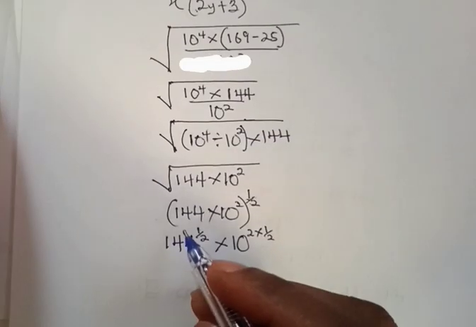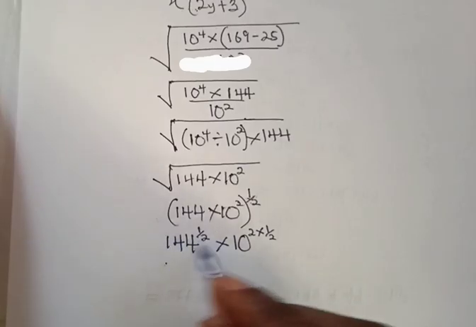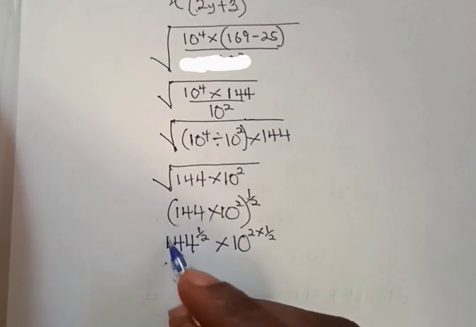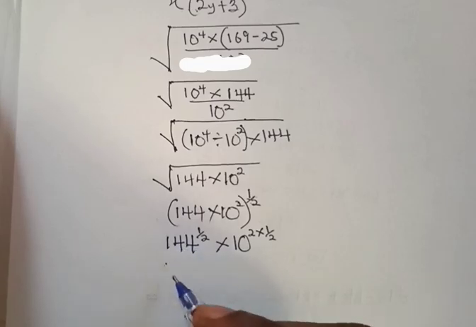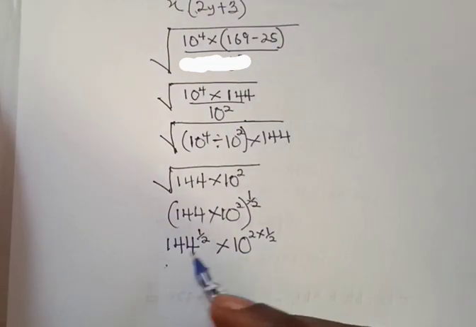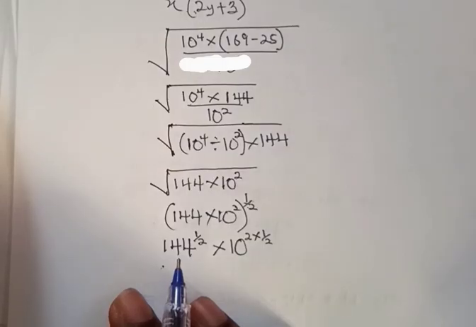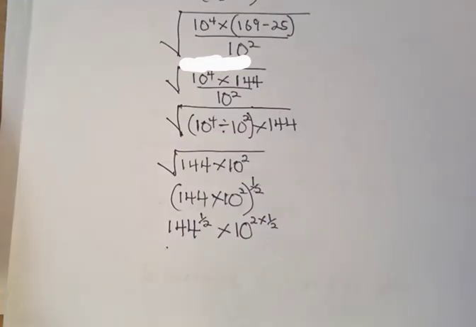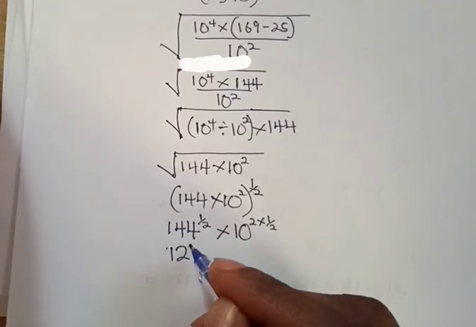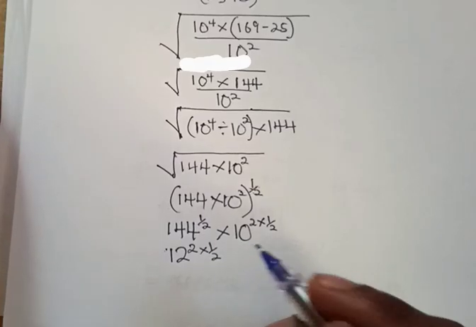So that we can have, now let's break this. This is a perfect square. 144 is a perfect square. So if 144 is a perfect square, then we are getting 12 exponent what? 2 times the half.